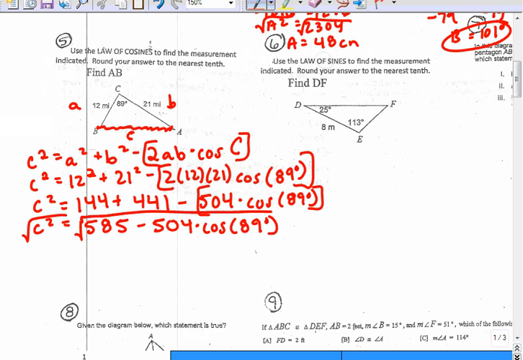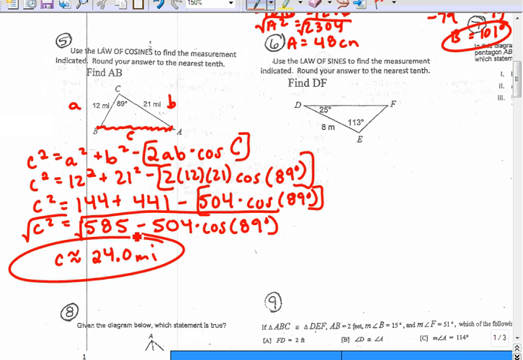I actually could have square rooted both sides at the beginning up here because I knew everything except for the c, so I could have just punched that in my calculator there. It doesn't hurt. So I'm going to square root this. And when I put it into my calculator, I get c is approximately 24.0 miles.